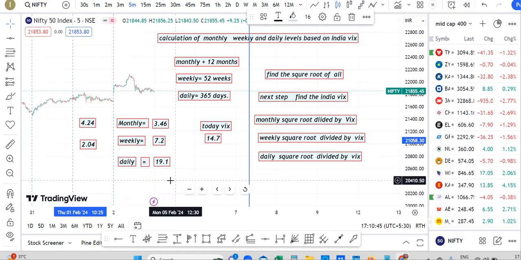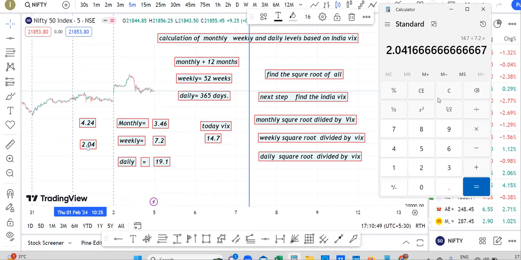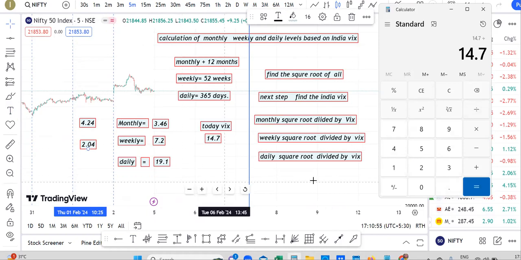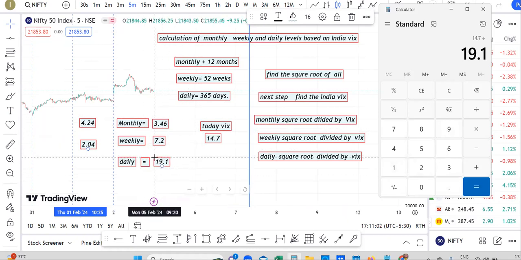Next, for the daily, I'm dividing 14.7 divided by 19.1. These values will remain constant, so only the variable will be VIX.